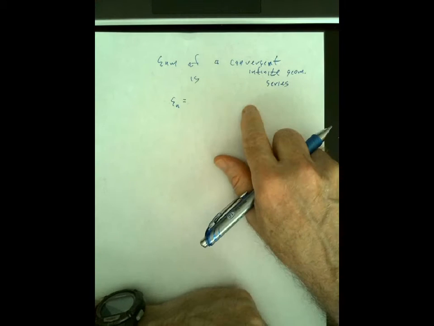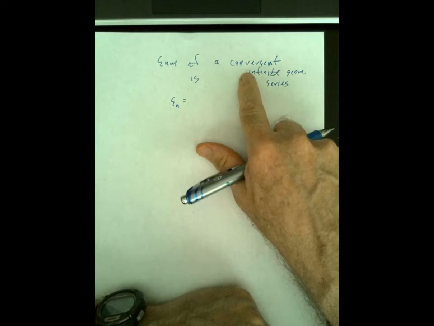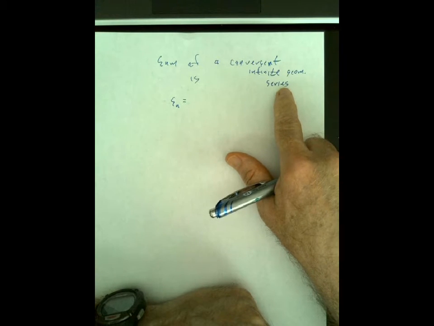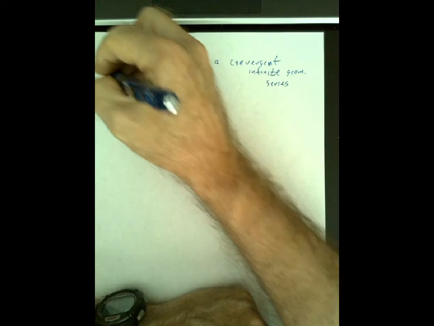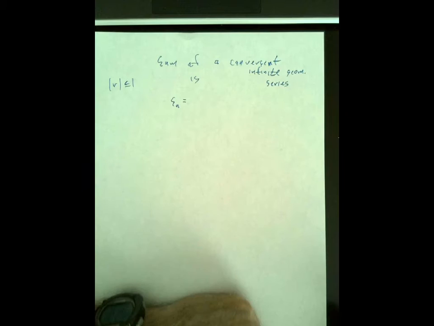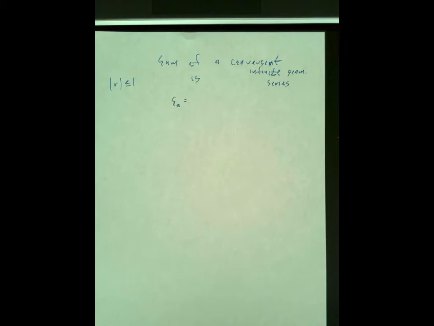We were talking about the sums of these convergent infinite geometric series, right? And we said that's any series where the absolute value of r is less than 1, in other words, either a positive or a negative decimal or fraction, less than 1.